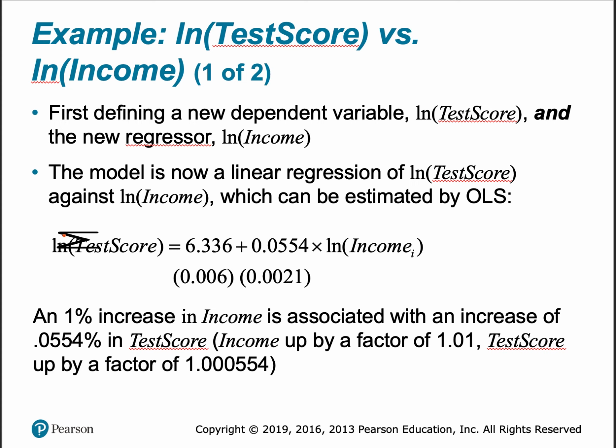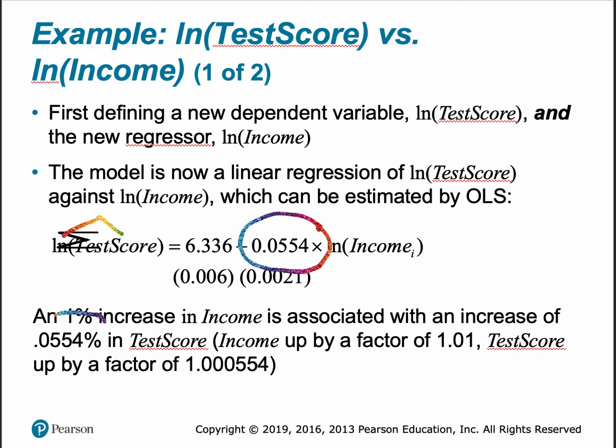Predicted value of test score in this case is 6.336 plus 0.0554 times the natural log of income. So this tells us that a 1 percentage point increase in income is associated with a 0.0554 percentage point increase in test score. Right? So that's this coefficient.